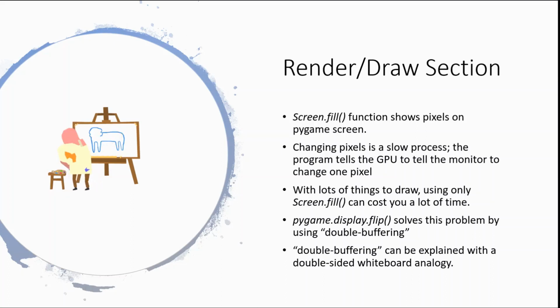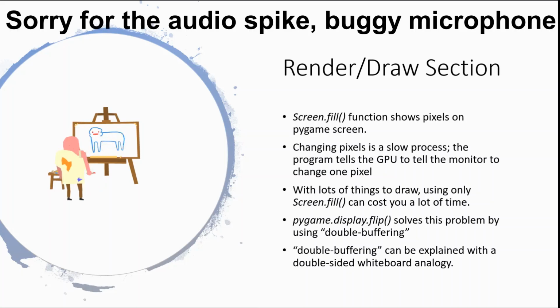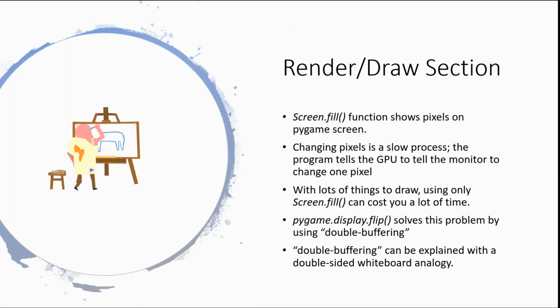So for instance, every time you write a letter, you could show it to the audience, or you could write the entire essay and then just show it to the audience at one time. And that's pretty much the idea of the pygame.display.flip function. So what that means is that we're going to draw everything on the screen at once, and then we're pretty much going to show the screen to the user rather than changing a pixel each time and then showing it to the user. So by doing that, we save a lot of time.